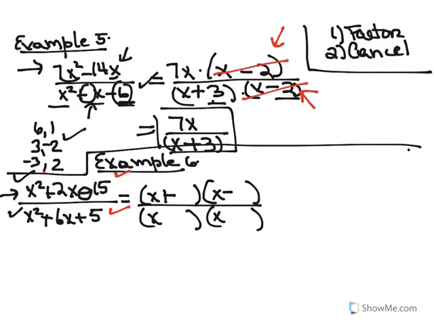So multiply has to give me negative 15, right? And added has to give me positive 2. Okay, so what if we take a 5 and a 3? So positive 5 and negative 3, when you multiply, you get negative 15, right? You get a negative 15 right here.